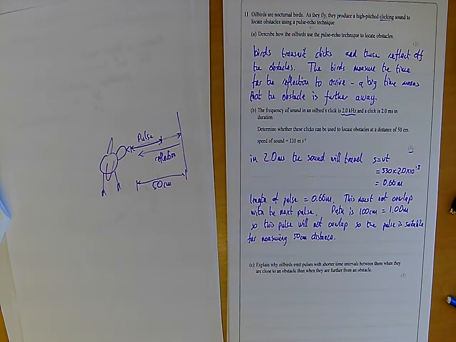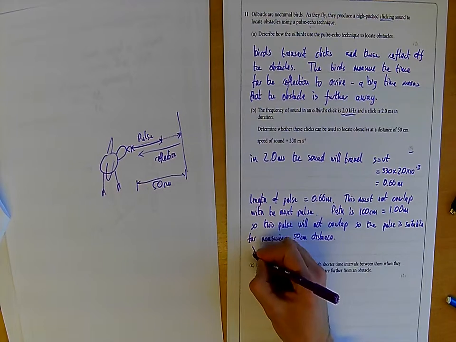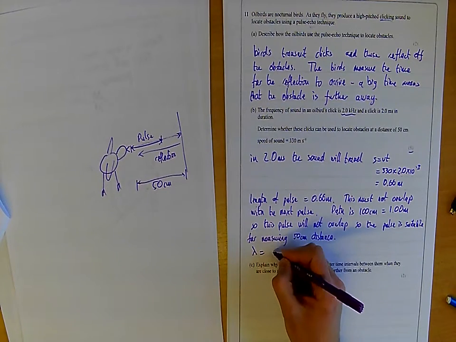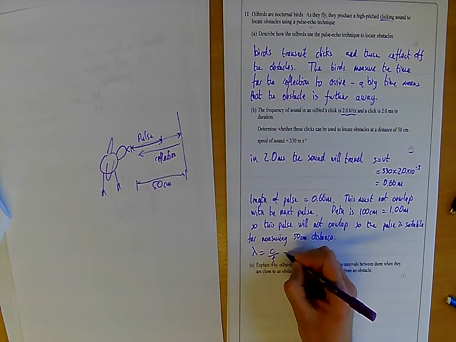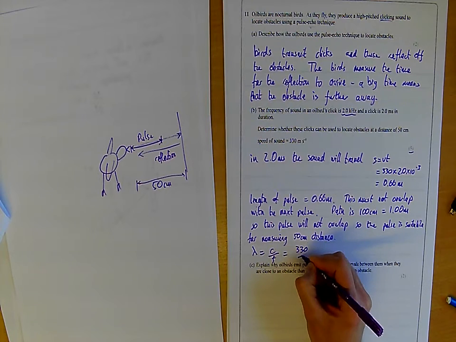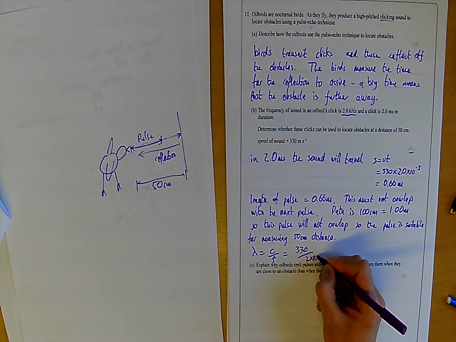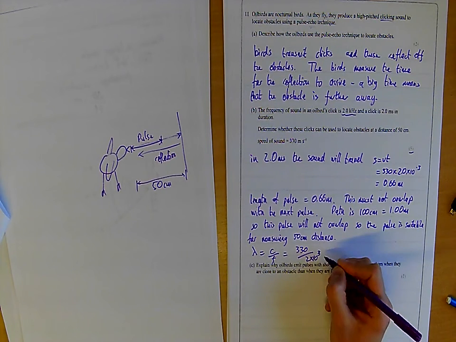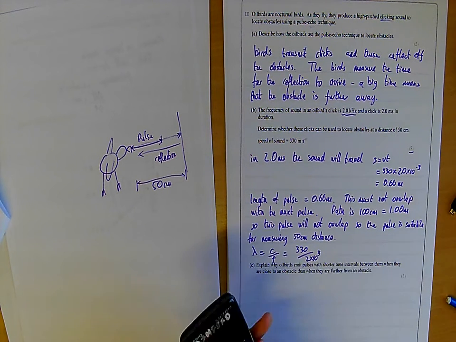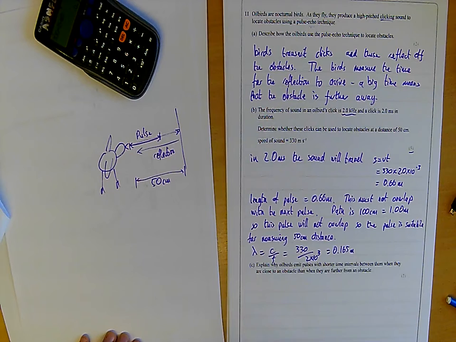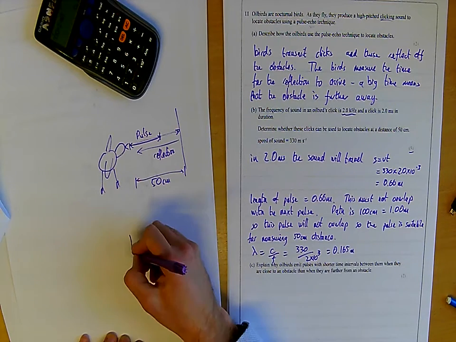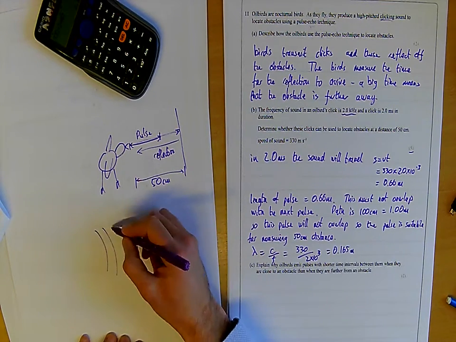Now with the frequency you can calculate the wavelength. It's going to be the speed of the wave divided by the frequency. So 330 divided by 2 kilohertz, diffraction. There is a limit.